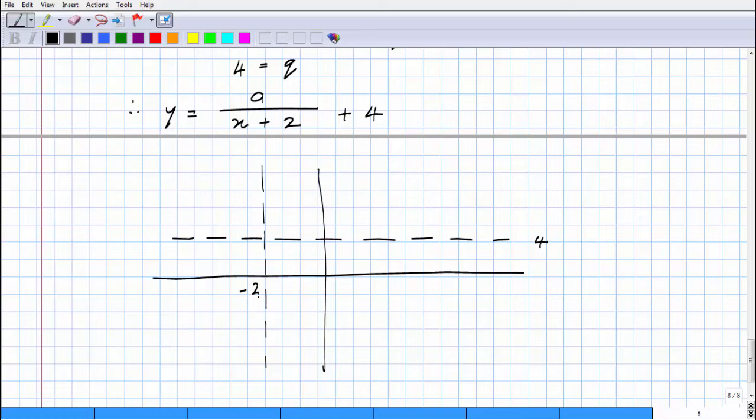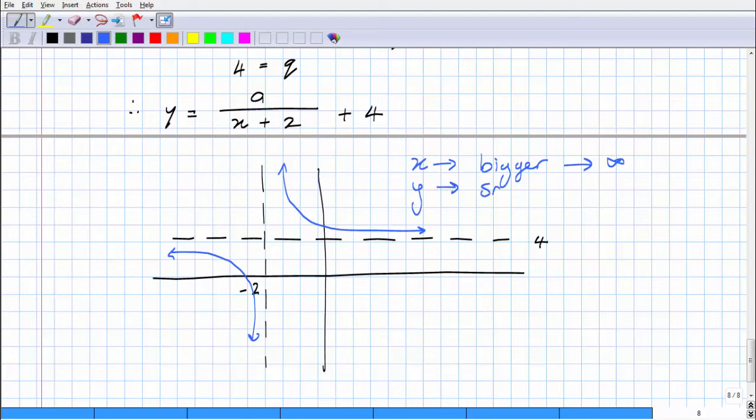And then we've got to decide, is it going like this or is it going like this? If we look at it doing this, is that function increasing or decreasing? And the same for the other branch, because obviously if it's on the one side it must be. This function as we see it is decreasing. Why? Because as x gets bigger, x tends to infinity, y gets smaller, tending in this case to 4.